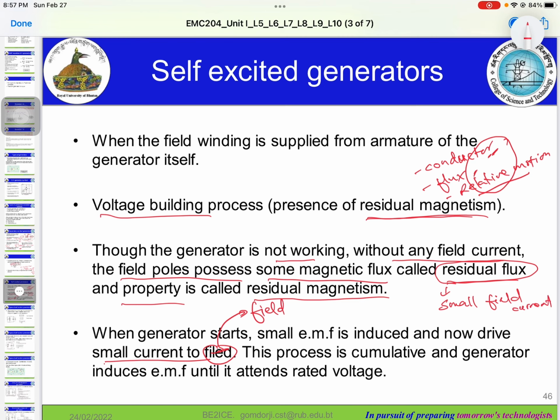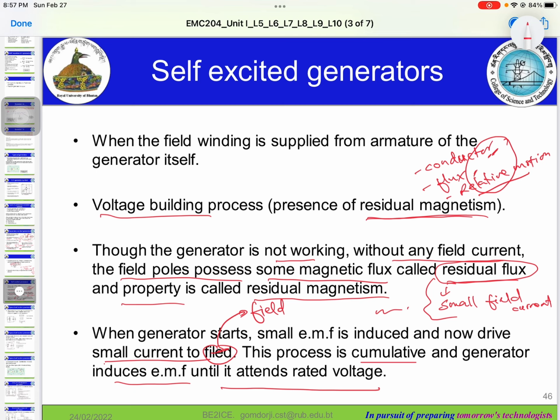This process is cumulative. As it keeps rotating, the process repeats, adding small field current time and again, and the generator induces EMF until it attains the rated voltage. This is how the self-excited generator works.